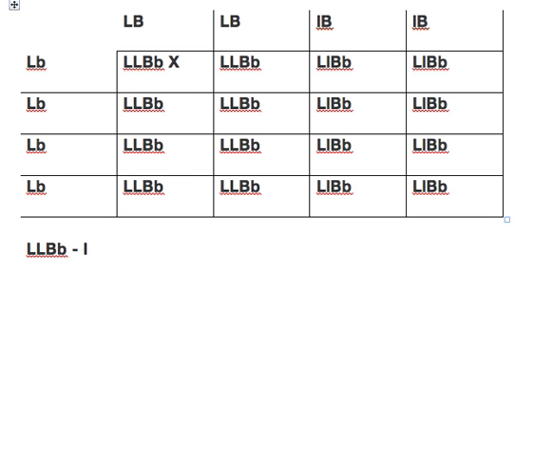Now we need to look through all of the other boxes and see which other ones read big L, big B, little b. And for each one of those, after we read it, we need to put an X inside of it, and include it in our tally marks down here. So here's a second possibility, so add that to your tally mark. Here's a third possibility, add that to your tally mark.